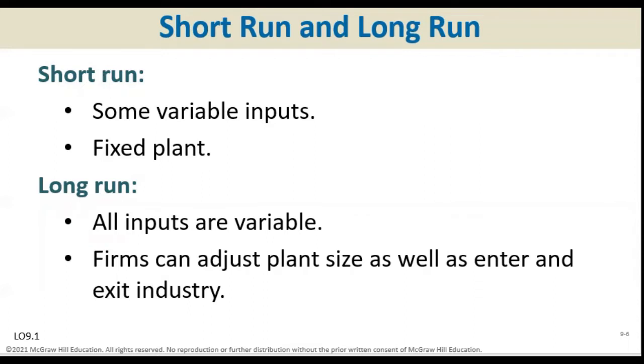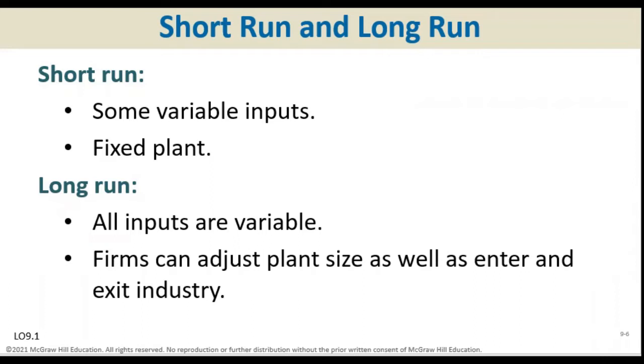While the long run is a period of time that's long enough for the firm to adjust as well as the plant size, right? They can decide to leave the industry if they are not making any profit, or to enter a different industry, right? So in the long run, all inputs become variable. There's no fixed input anymore.